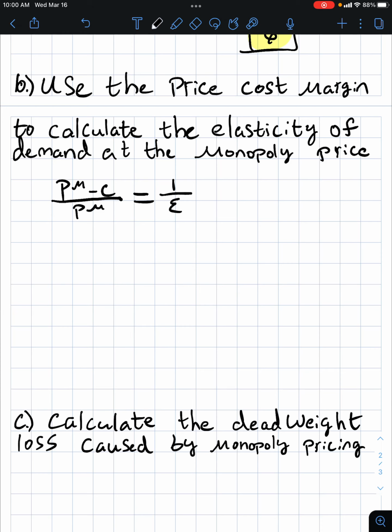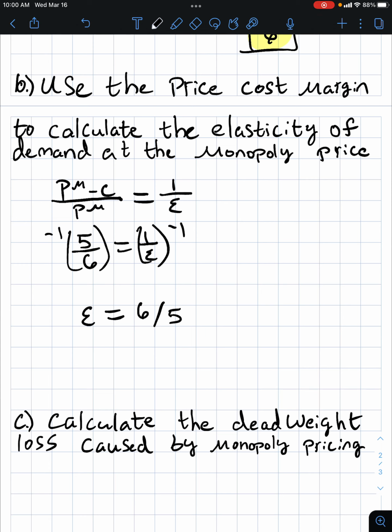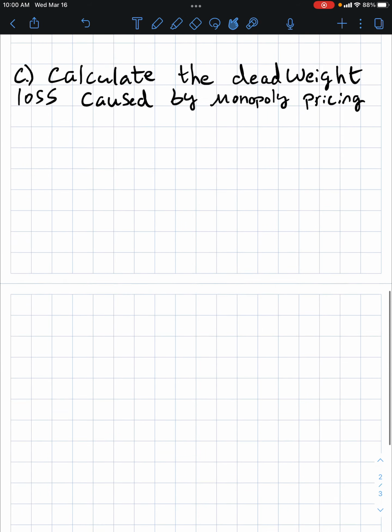We just take the inverse on both sides, and we get elasticity is equal to 6 over 5. So elasticity of demand is 6 over 5, and that is the solution for part B.